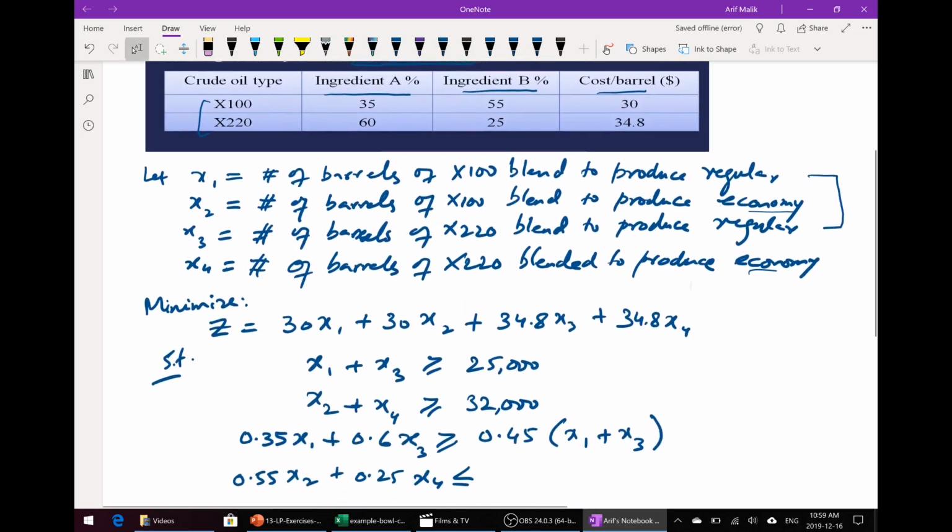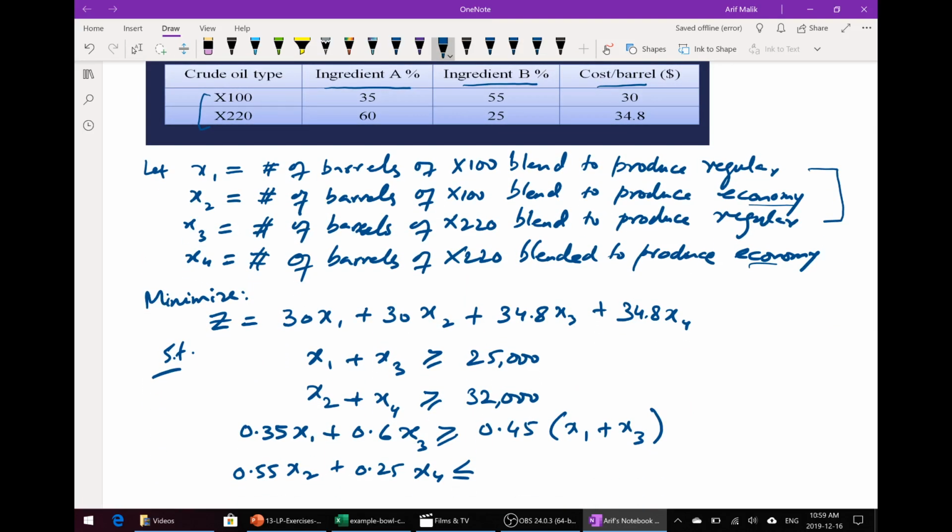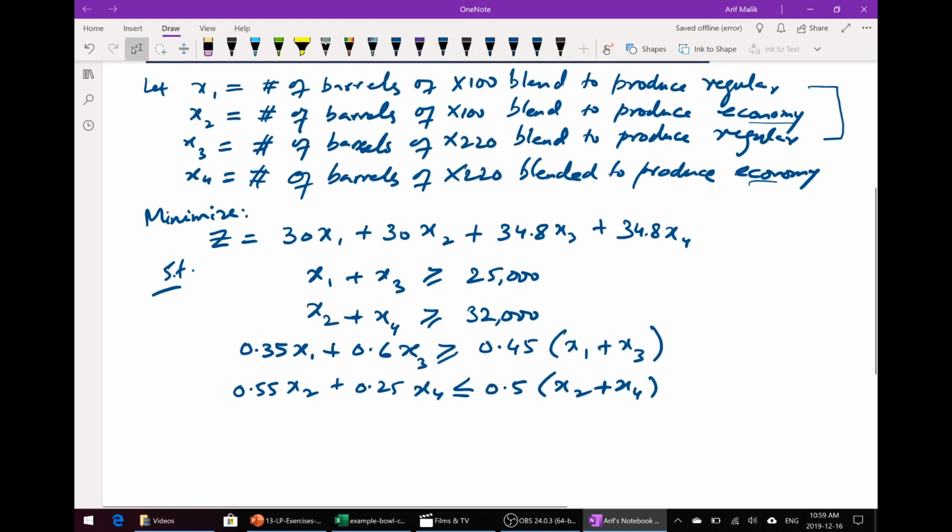So it is 0.5 times X2 plus X4, the total economy. So these are the four constraints. Of course, X1, X2, X3, and X4 should be greater or equal to 0.